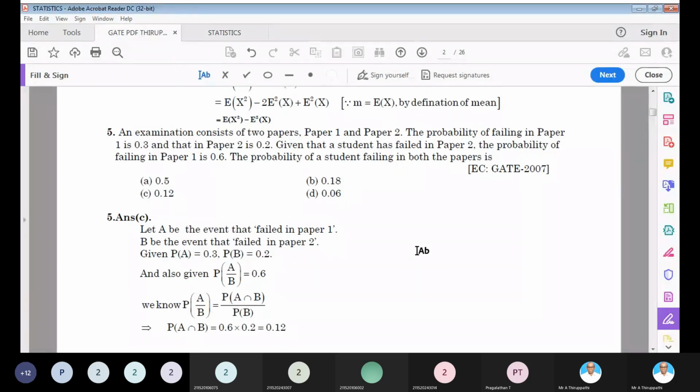What is P of A? P of A, failed in paper 1, is given as 0.3. What is P of B, failed in paper 2? P of B is equal to 0.2. What is given next?